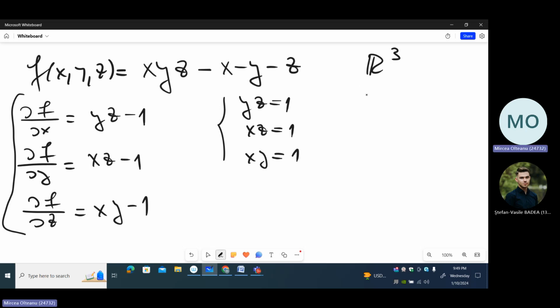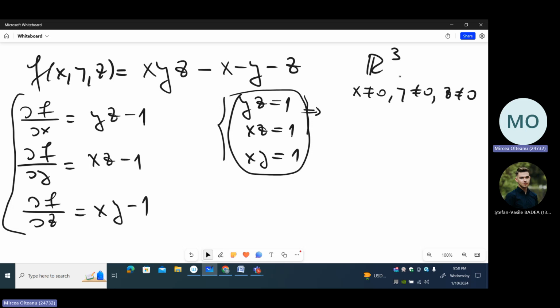Now let's see how we can do it. We can do it in several ways. We first observe that from these three equations, it results that none of x, y, and z can be 0, because if one of them is 0, then the left side of the relation must be 0.